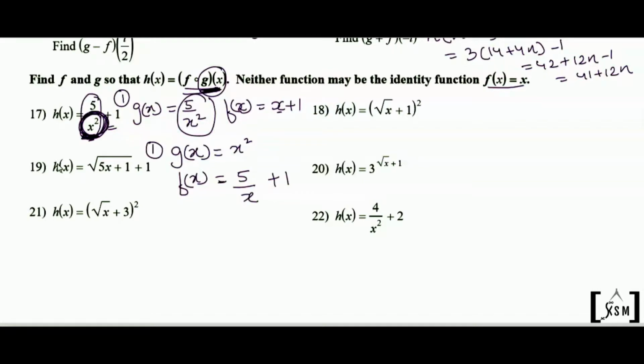This could be another set of answers. We can have other answers also, but right now this is fine. Your first job is to find the g(x) function, and then you come to the f(x) function.